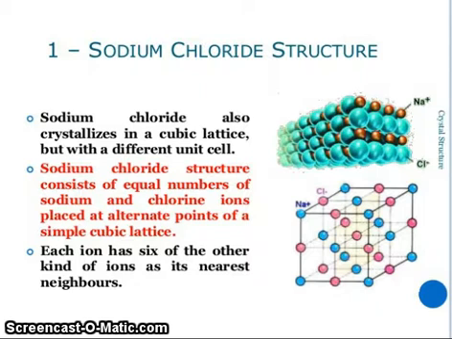Sodium chloride structure consists of equal number of sodium and chlorine ions placed at alternate points of a simple cubic lattice. You can see in this figure. Each ion has 6 of the other kind of ions as its nearest neighbors.